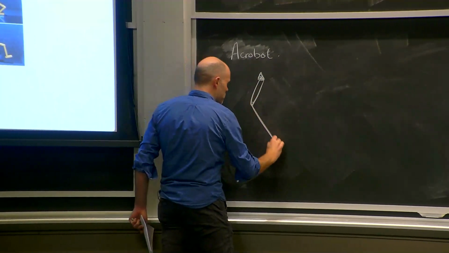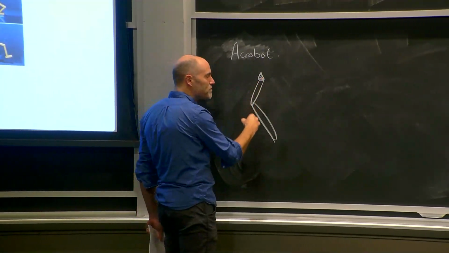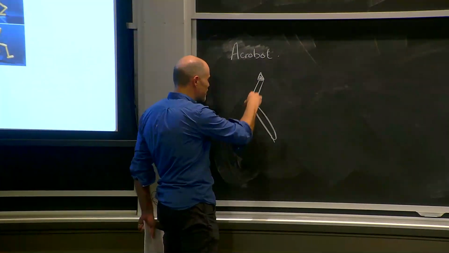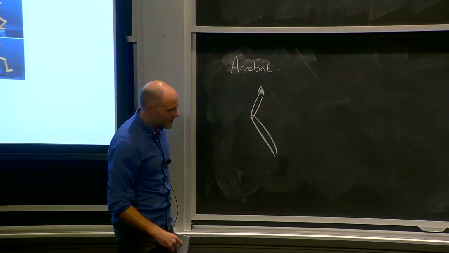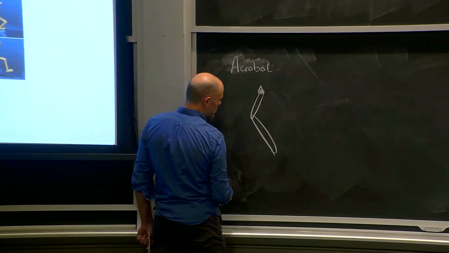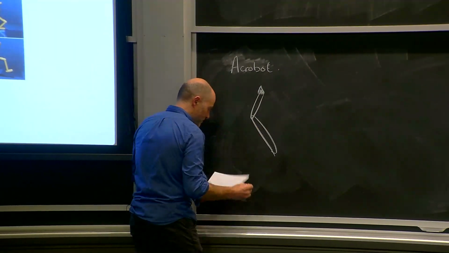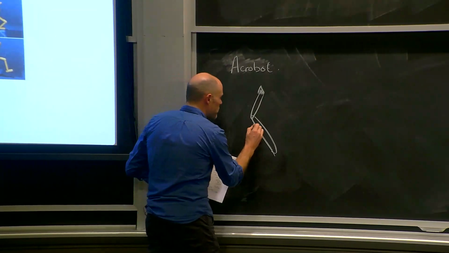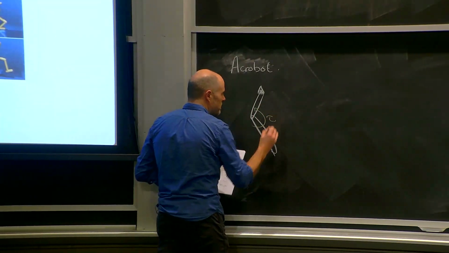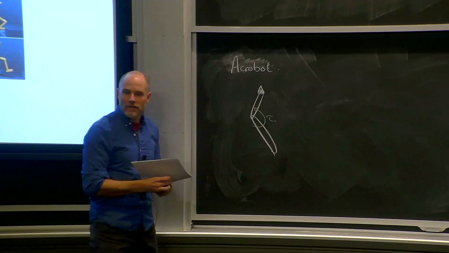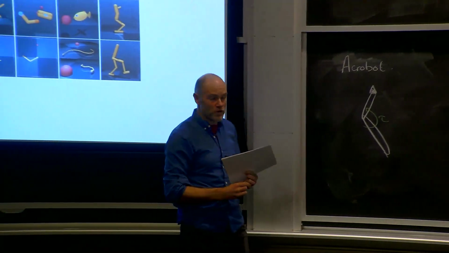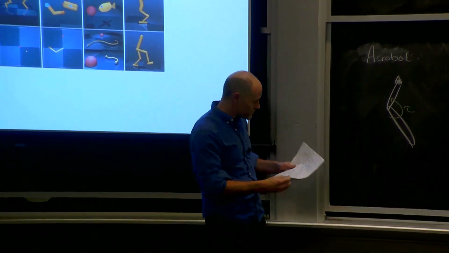I've got 2 links. It's not a simple double pendulum. It has inertia along the link. So the inertia is distributed in this case, and then it has a motor here, but no motor at the shoulder, if you will. Only a motor at the elbow.